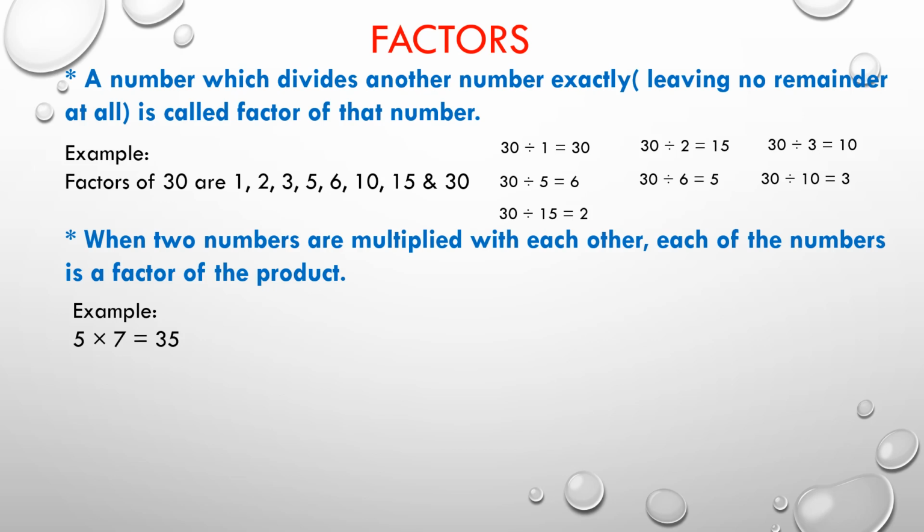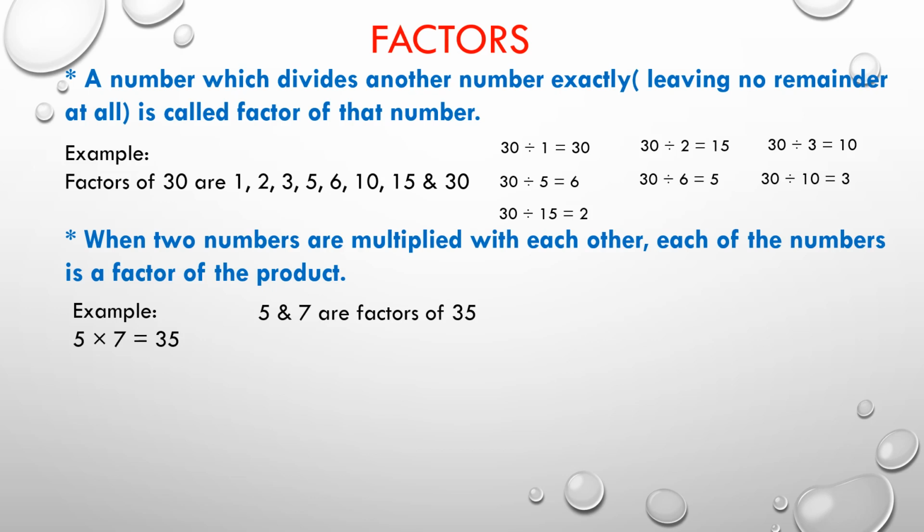So 5 and 7 are factors of 35 because they both multiplied together give 35 as a product. Or when I divide 35 by 5, I have quotient 7, remainder 0. When I divide 35 by 7, quotient 5, remainder 0. So I can say 5 and 7 are factors of 35.